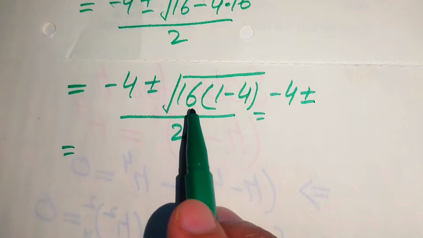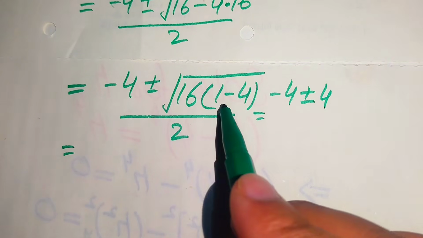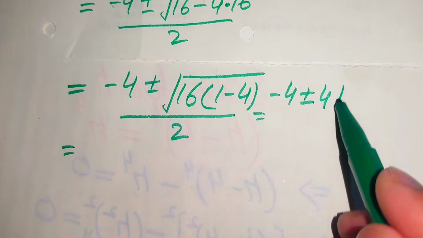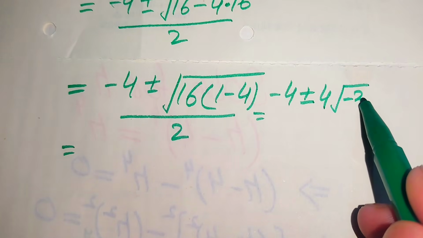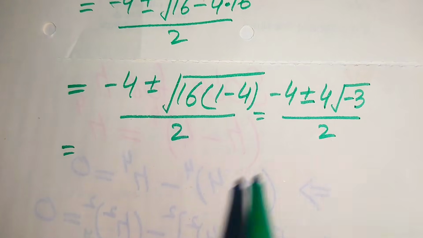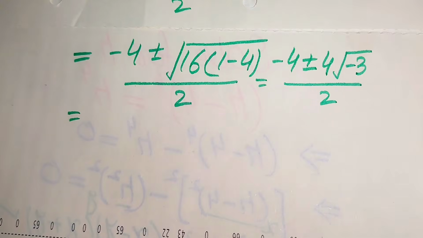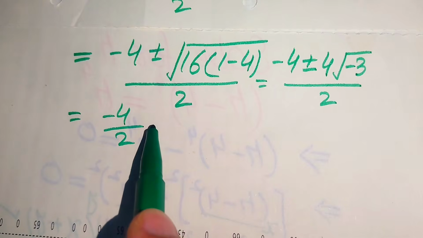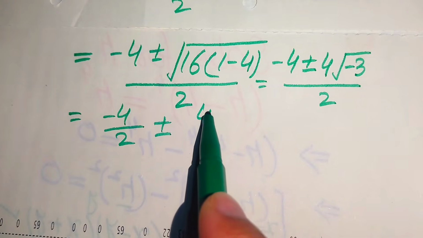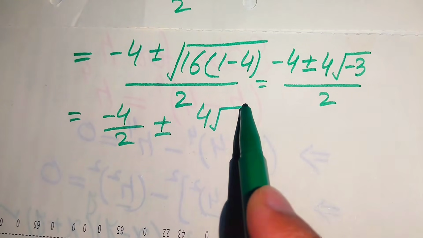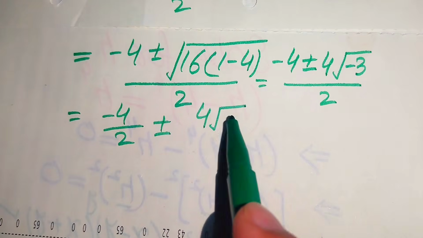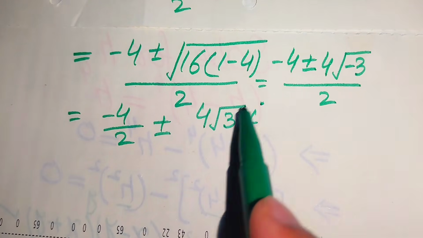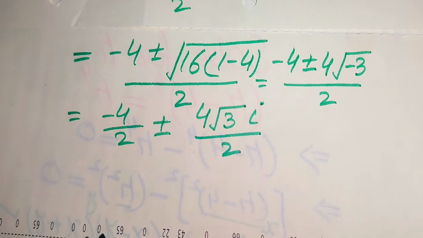We know that the square root of 16 becomes 4, and 1 minus 4 becomes minus 3 under the square root, and it is divided by 2. So here first we break this fraction, and it becomes minus 4 divided by 2 plus minus 4 times the square root of minus 3, and we know that when a negative sign appears inside the square root, it becomes iota, and it is divided by 2.